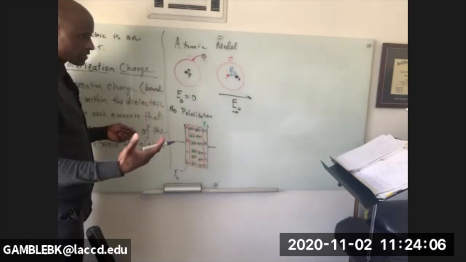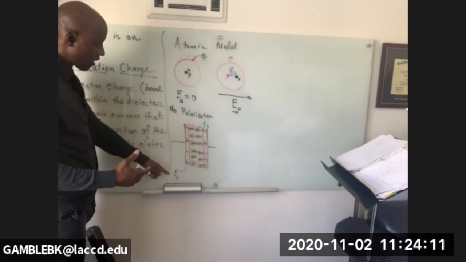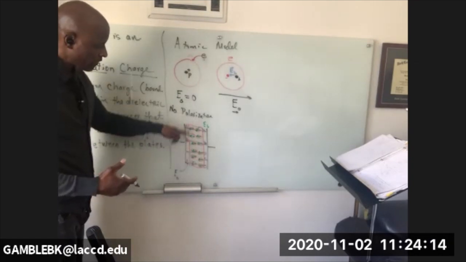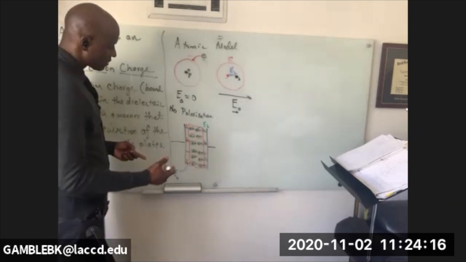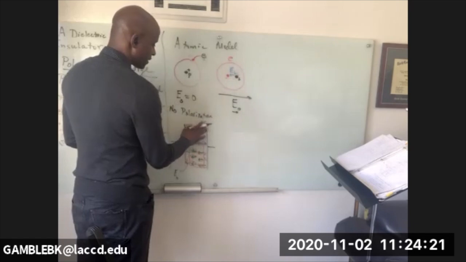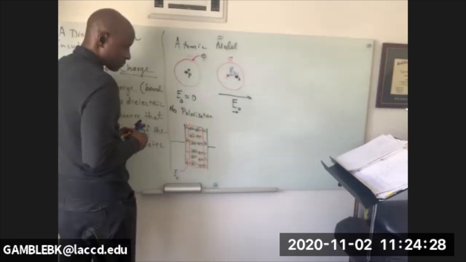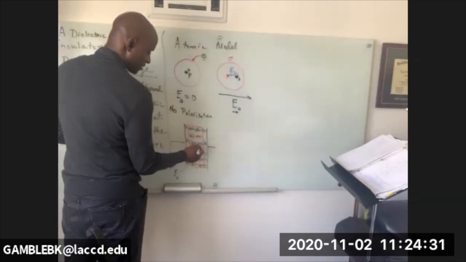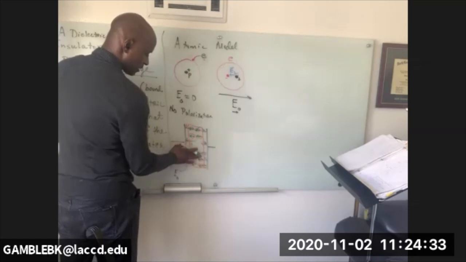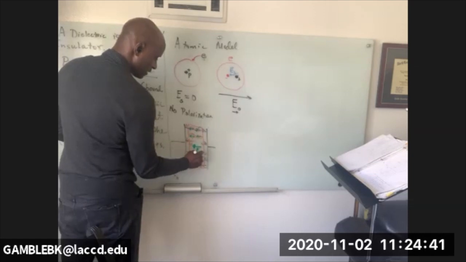The total field has to be the combination of E naught plus the collective sum of all the E sub B's, which I'll just call E sub B. Each one is E sub B i, but you add them all up and you get a collective field in the opposite direction. I'll put it down here in the dielectric somewhere. That direction is EB.